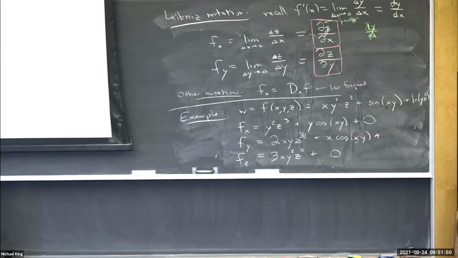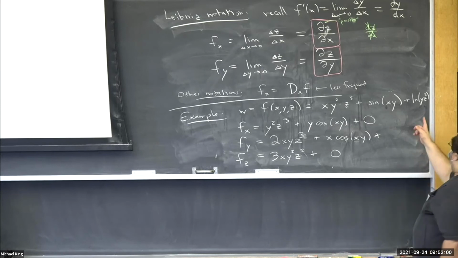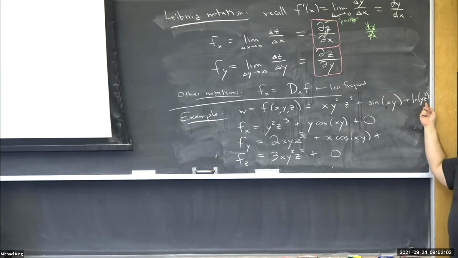You guys remember your... sorry, say again. It's z squared. That's the derivative of the inside. What's the derivative of ln? 1 over. So it's 1 over all of this.